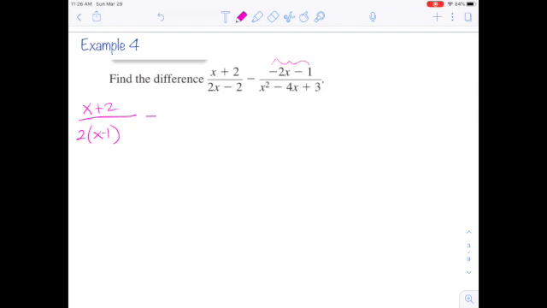Minus, I'm going to factor out a factor of negative 1 up there because they're both negative. So you're left with, in the denominator, that factors into x, a negative 3, and a negative 1. And right here, that's a double negative. So it actually turns out to be an addition problem.